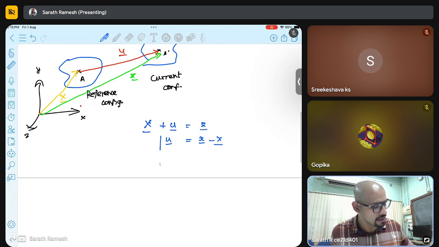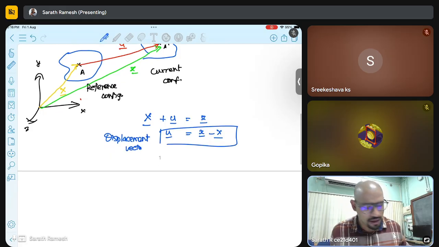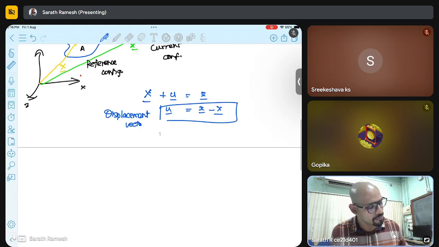So this is the u vector. U vector is called the displacement vector. And the relation between small x and capital X we call the deformation field. If it is also a function of time, we call it a motion field.